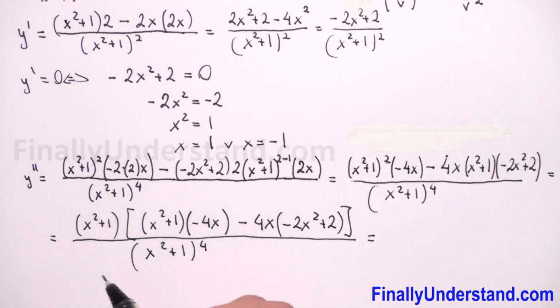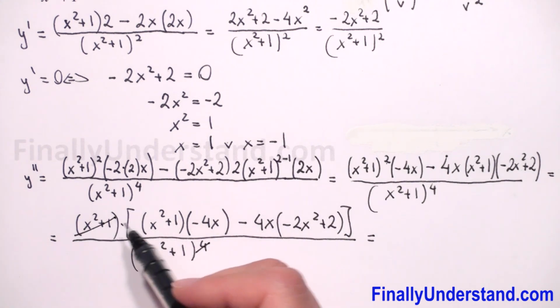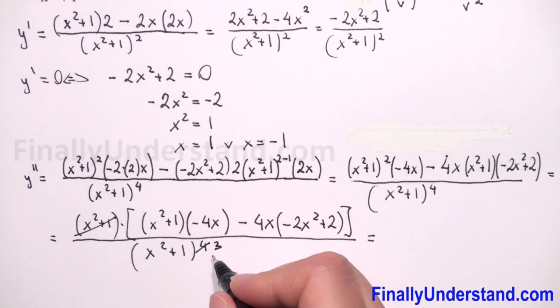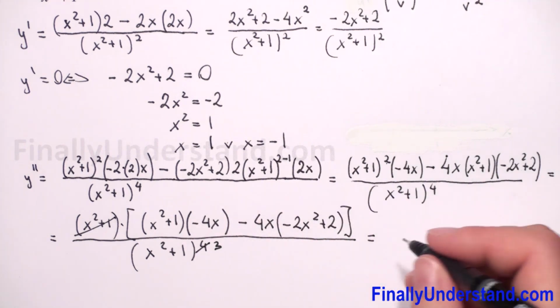Now, because we have multiplication here, we can reduce this x squared plus 1. So now the denominator has x squared plus 1 to the third power.